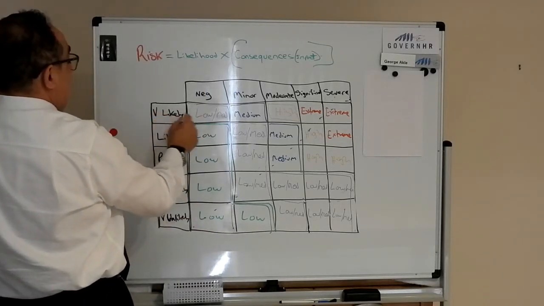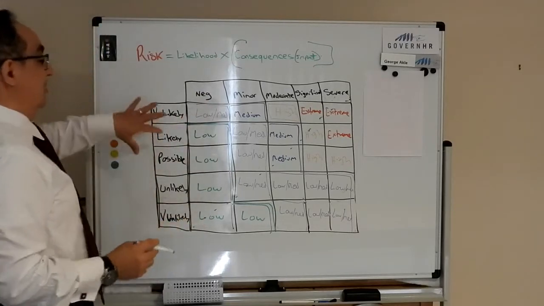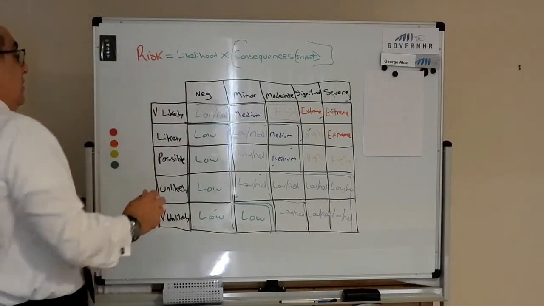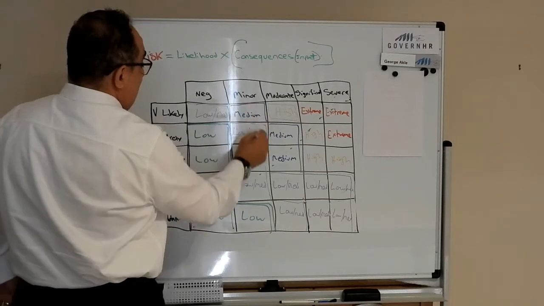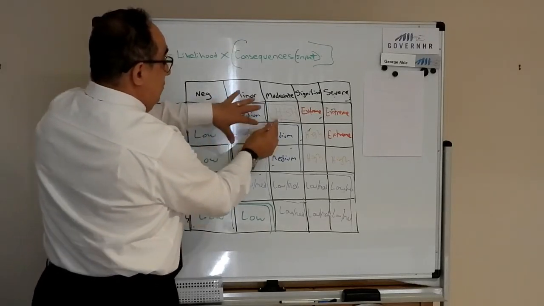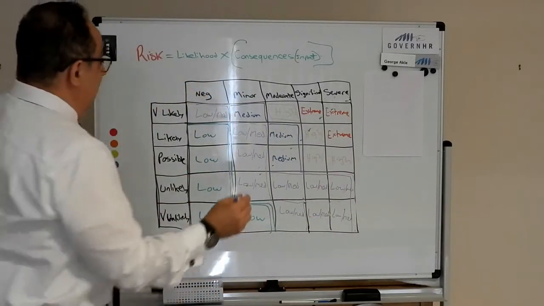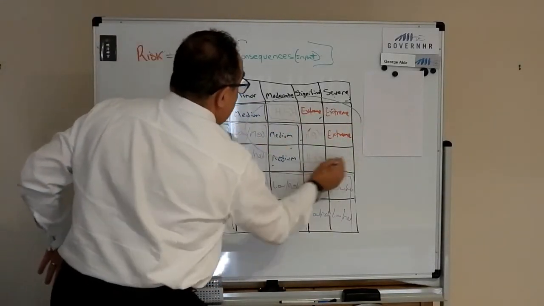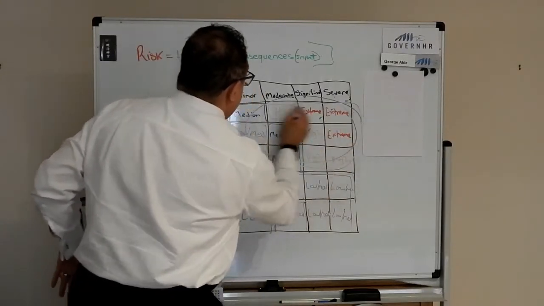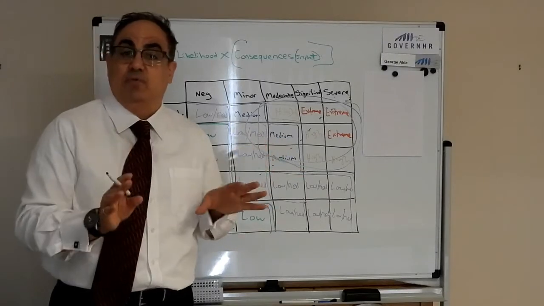So very likely but negligible impact, it's low to medium, because it can still happen, but it's not going to be a significant loss, and so on and so on. So you've got low to medium, medium, high, and then extreme. The areas that get captured in the high and the extreme are the areas that you need to focus on as a management group.